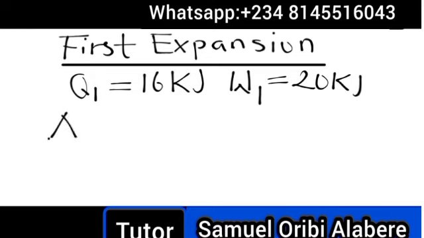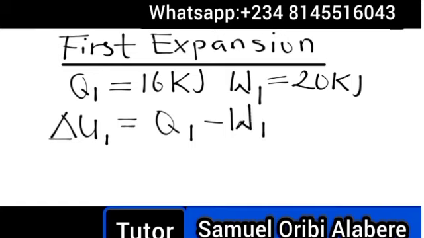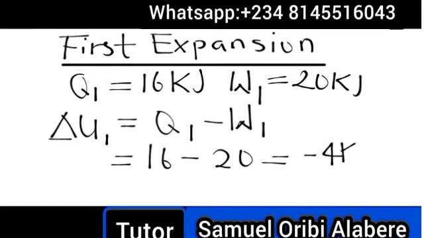So delta U subscript 1 will be equal to Q subscript 1 minus W subscript 1, which will give us 16 minus 20, which equals negative 4 kilojoules. This means that the internal energy decreased by 4 kilojoules in the first expansion. That's what this negative sign means.